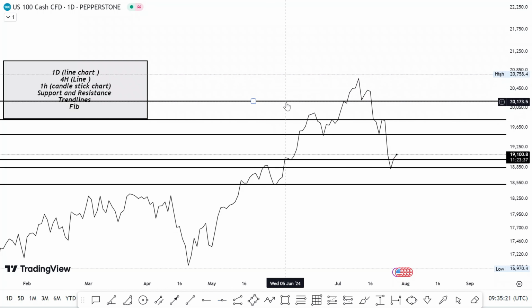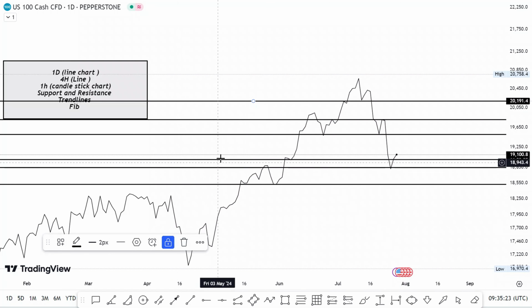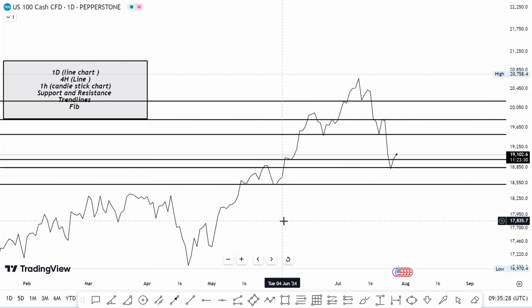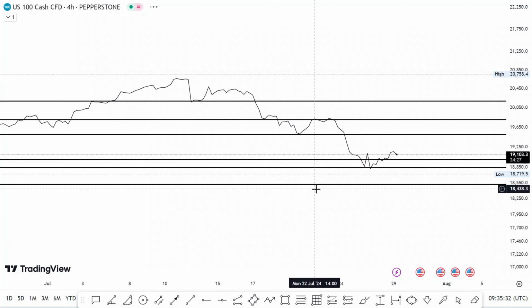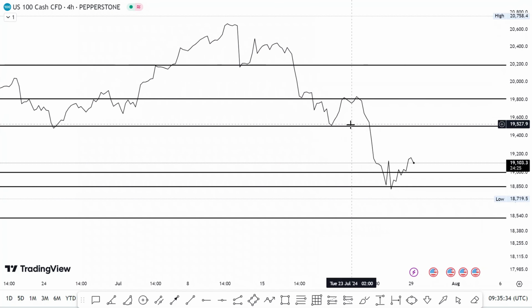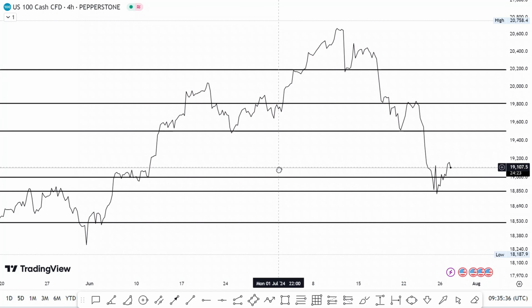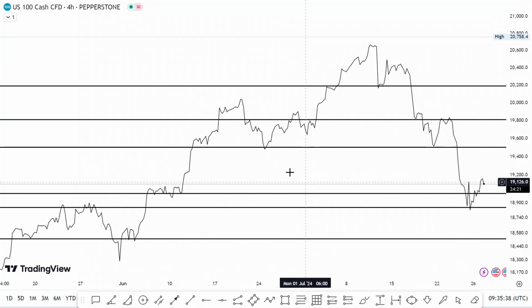So with this, that will be all for the daily time frame. What I just need to do again is to go down to the 4-hour time frame. Now on the 4-hour time frame, I will also be looking for support and resistance, but it will be in between the daily zones.